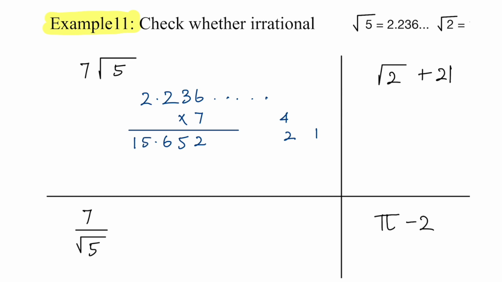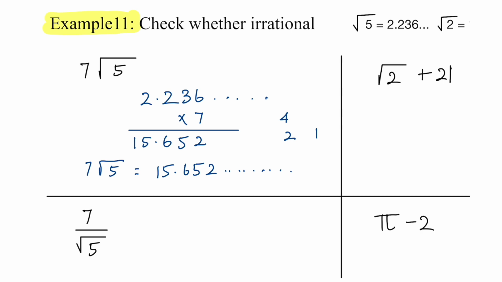Okay, so the value of 7 root 5 is equal to 15.652 and it keeps on going. You cannot actually find the entire thing, you will never be able to find the entire value.